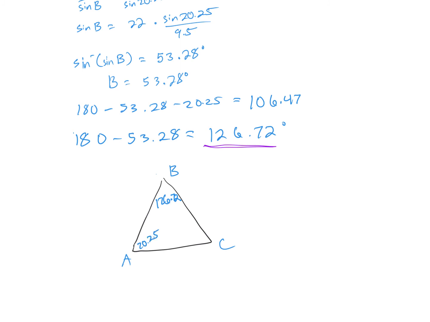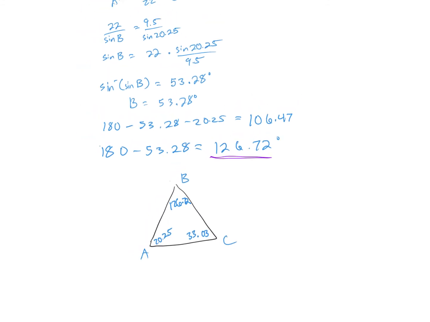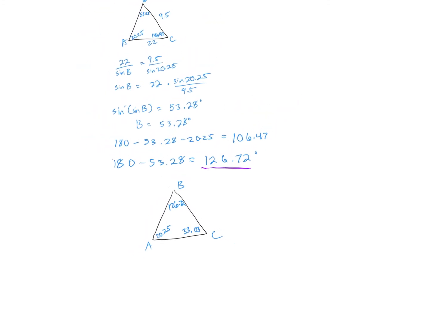Let's find out what the other C value has to be. We take 180 minus 126.72 minus 20.25. That gives me my smaller C value as 33.03.